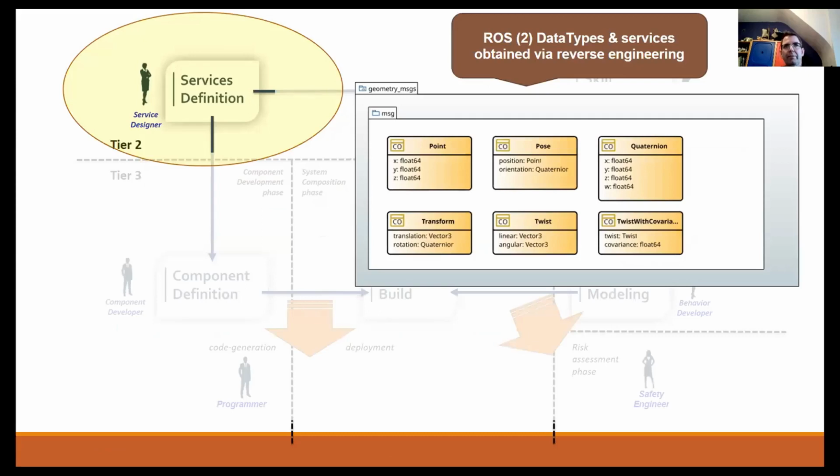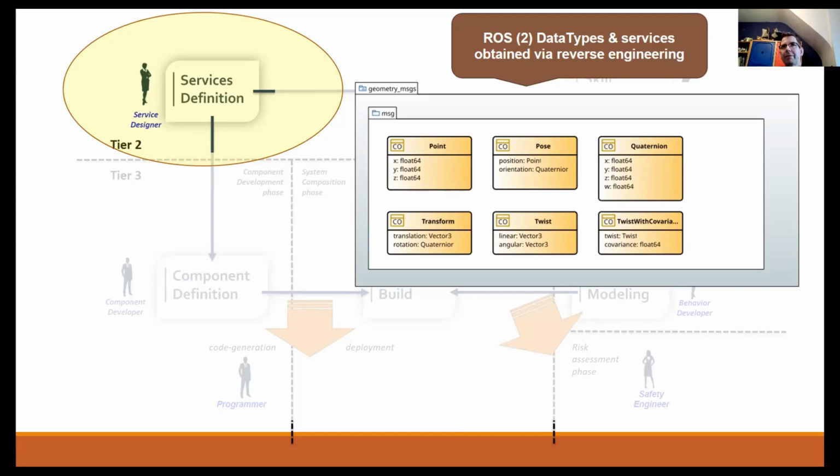So when you start with Papyrus for Robotics, it's good to have some service definitions. Service definitions are the definitions that a component provides or offers via its ports. And you have different interaction patterns, and here on the right-hand side, you see some data types that are already provided by Papyrus for Robotics.